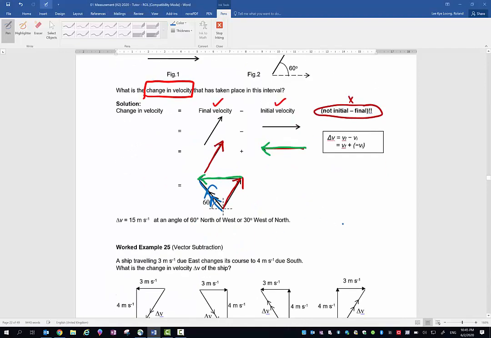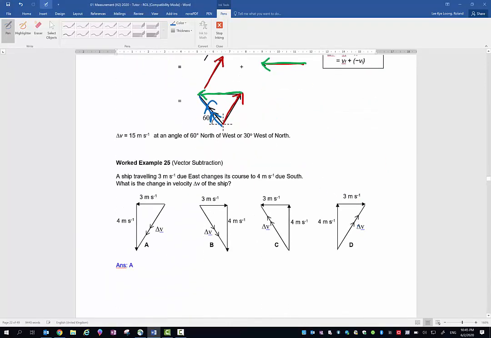Worked example 25. A ship is traveling due east at 3 meters per second, and it changes course to that. What's the change in velocity? So it starts with 3 and it changes from this to 4 due south. They want the change in velocity.